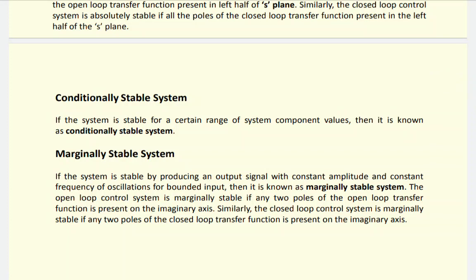Whereas if any pole lies on the right half of the S plane, the system becomes unstable and the response is exponentially rising. Similarly, if any pole lies on the imaginary axis but no pole lies on the right half of the S plane, then the system is oscillatory, that is sinusoidal.